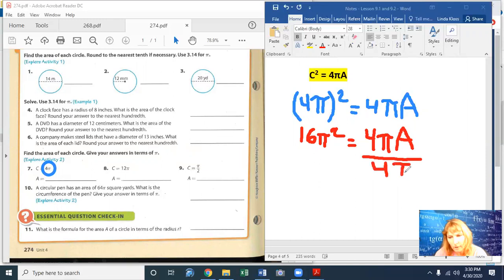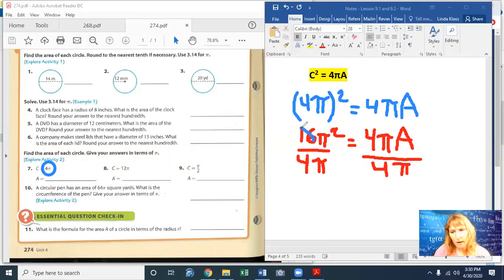Now watch this. Don't get tricked on this. It's actually not as bad as it looks because of the pi symbol, but it'll be fine. So now, pick a different color here. How many 4s go into 16? 4, right?